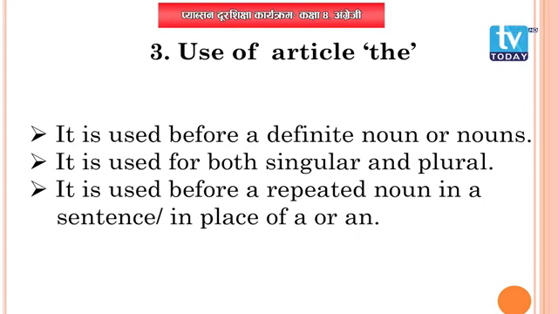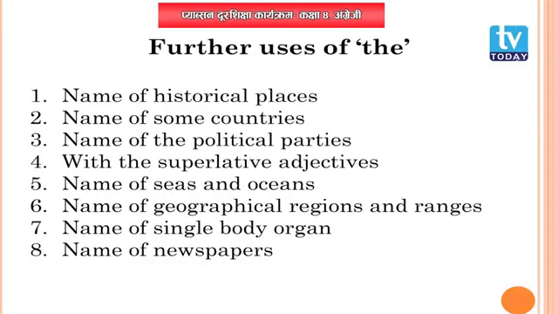That means the boy is repeated to emphasize the repetition of the boy. We have used the article the. The next one is just for singular and plural, for repetition or preference or importance. When we have to give that, there we can use the article the.